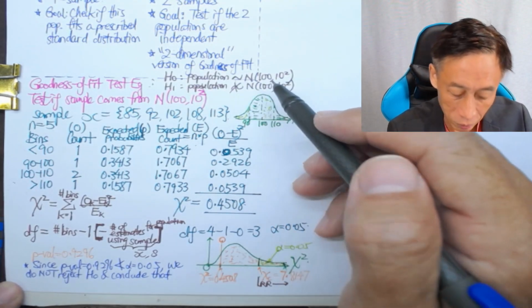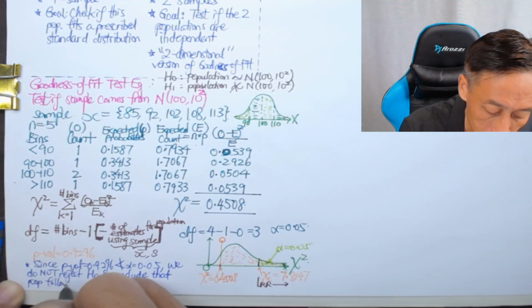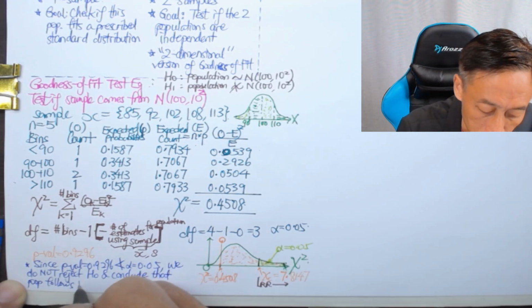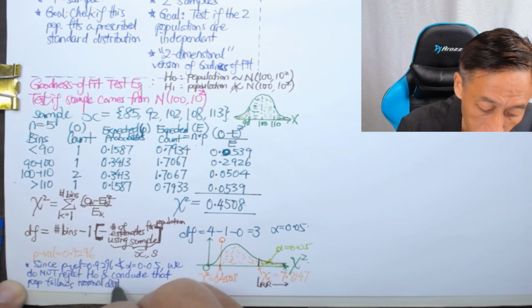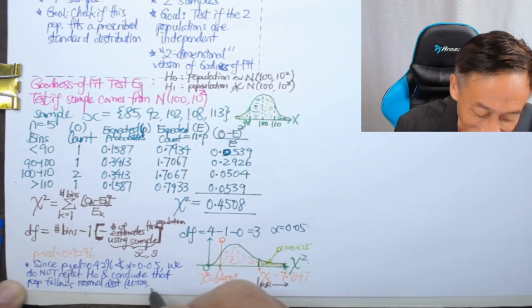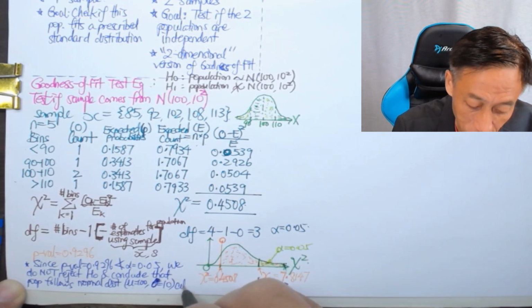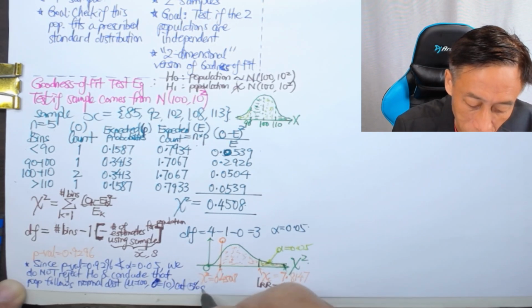Conclude that the population follows a normal distribution with mean 100, and standard deviation equals 10, at 5% significance level.